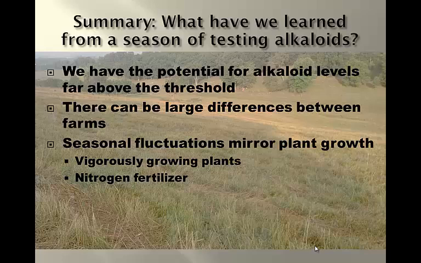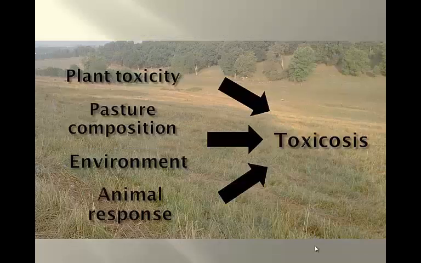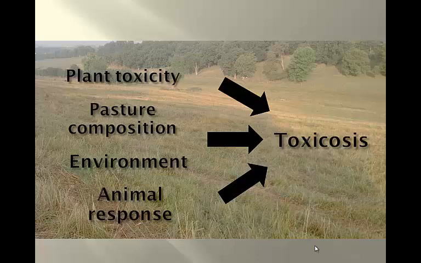There can also be large differences between farms and fields, and that's due to 500 different factors that are pretty difficult to tease apart. We also saw that seasonal fluctuations mirror plant growth. Whenever we saw vigorously growing plants, due to rain and the right temperatures and nitrogen, we saw very high alkaloid levels.